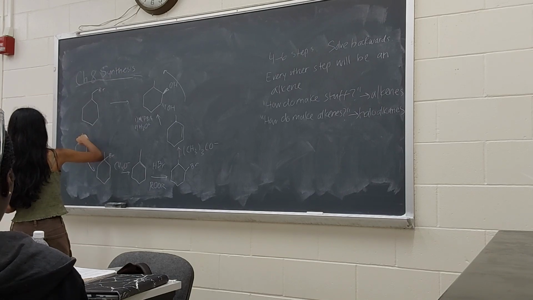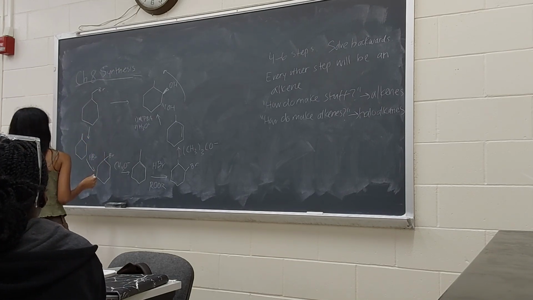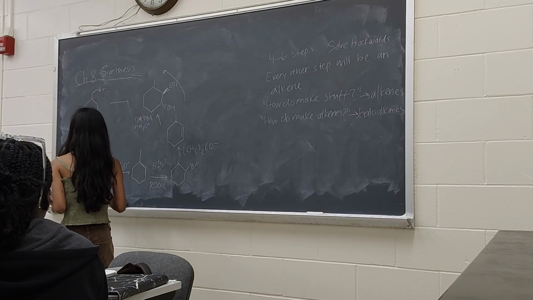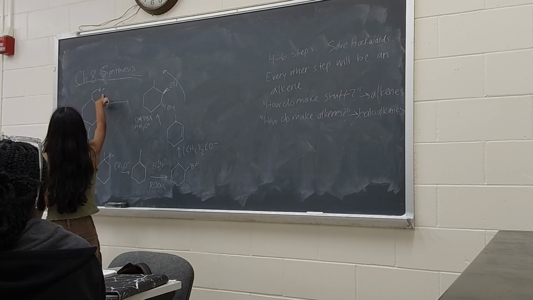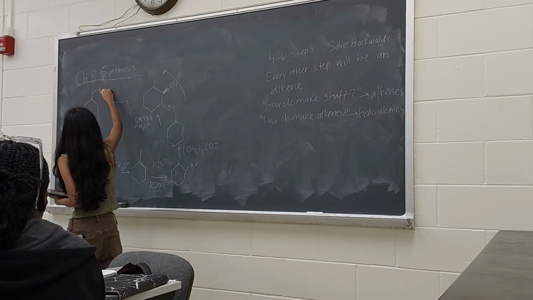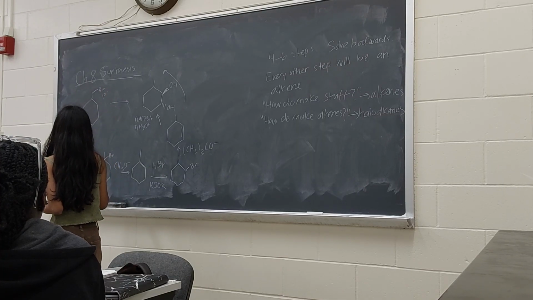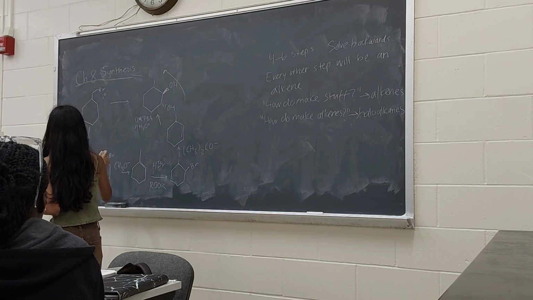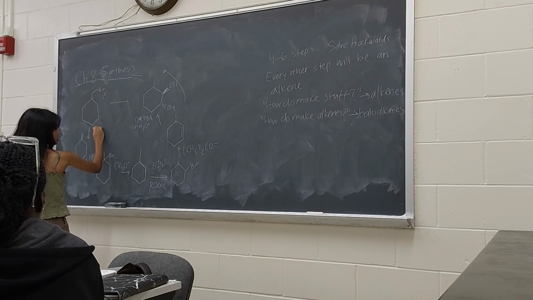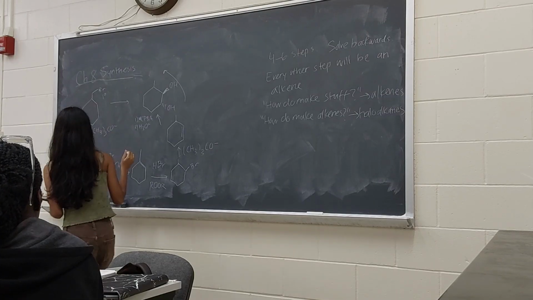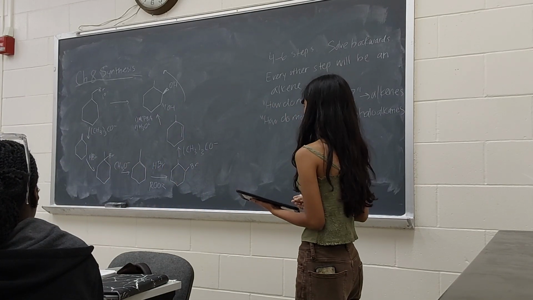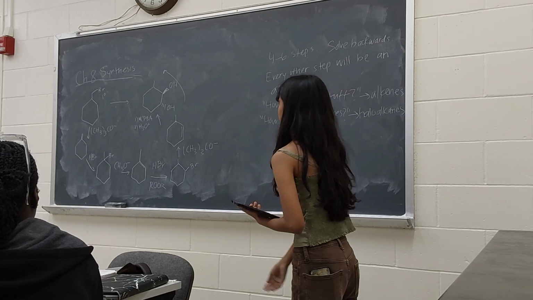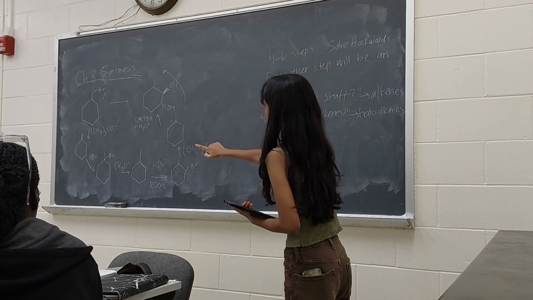And then finally, we can go from here to here, right? Also, if you have a primary substrate turning into an alkene, you'll always use bulky base. So that's one whole synthesis. This one has 6 steps.